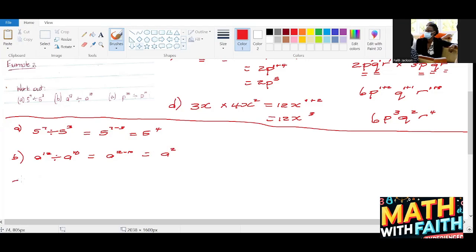And our last example, C, p to the m divided by p to the n. Same base, so we can subtract our indices. That's p to the m minus n. And we don't know what m is and we don't know what n is. So that's as far as we could go with that example in part C. So this is how we work out our indices.